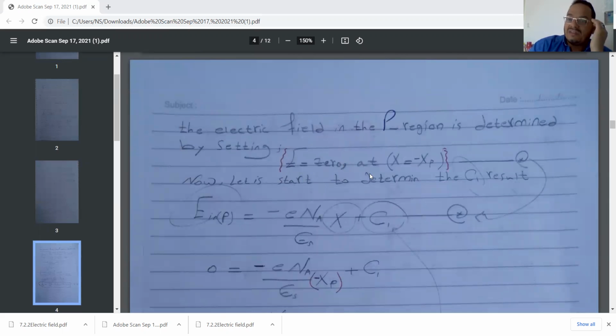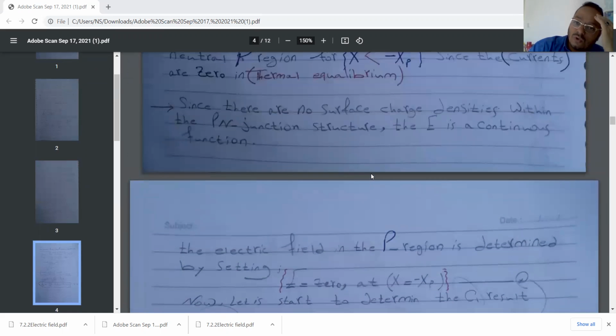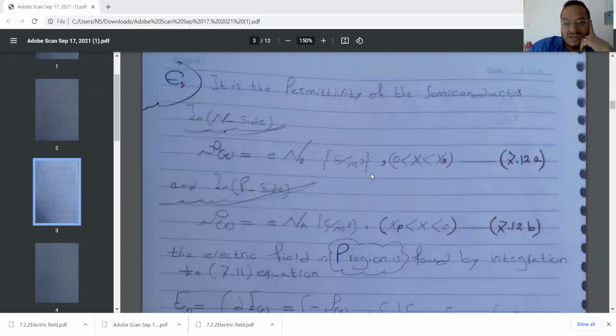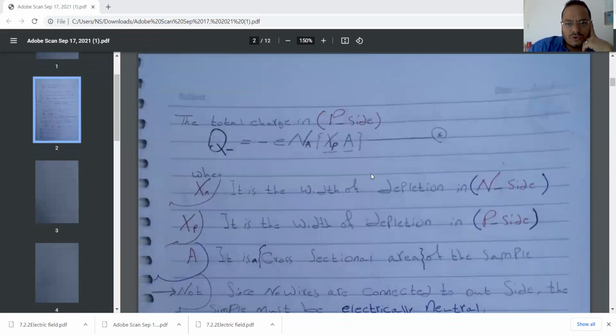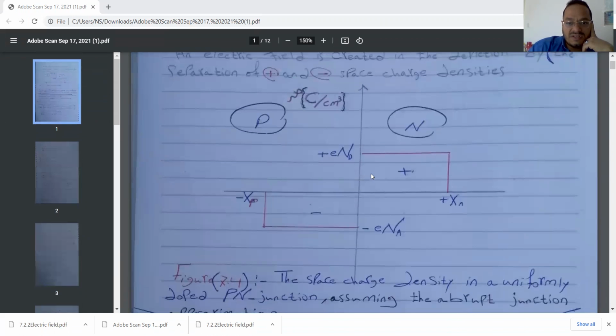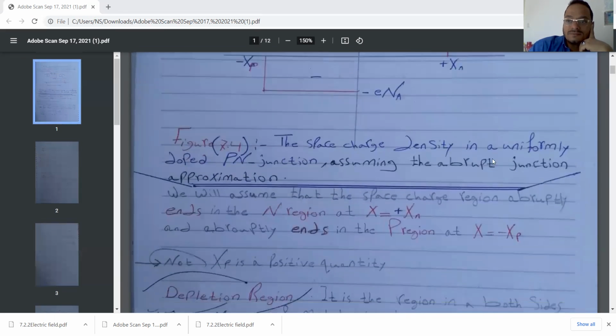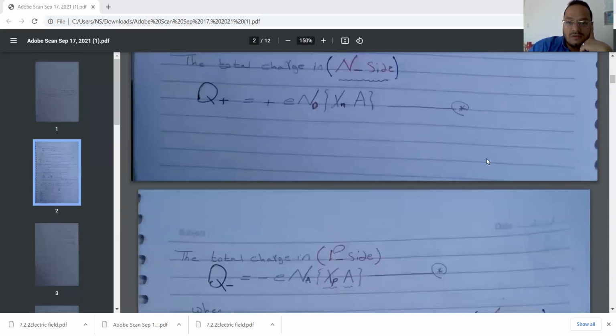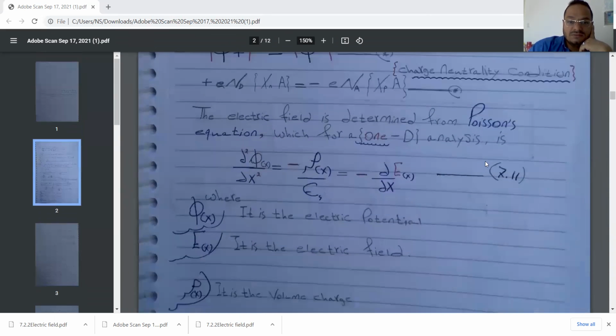And here at the p type, x equals minus xp, like the figure in 7.4. I can't remember the number, but 7.4. Here, x will equal minus xp at the p region, and x at the n region will equal plus xn, the width in the n region. Let's keep going.